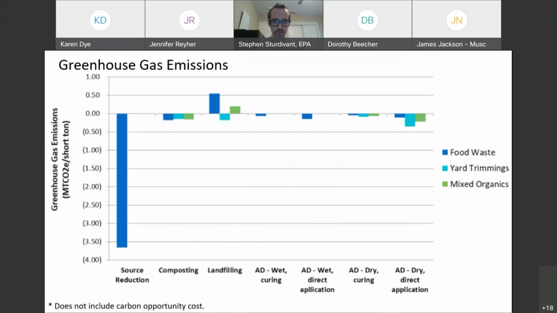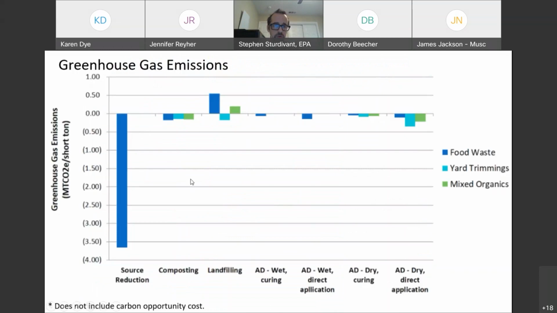So what can you do with food waste, right? Well, you can donate it, you can compost it, you can send it to a landfill, you can prevent food waste, try to reduce your food waste. And what this graph is showing is the greenhouse gas emissions benefits of different waste management options.